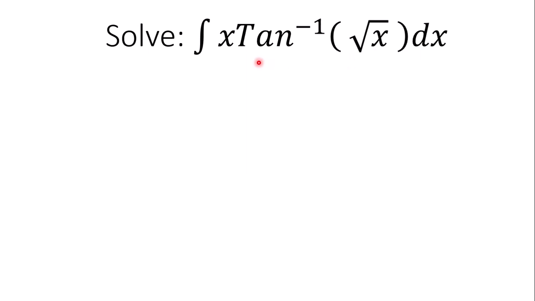You could have just applied the DI method right away and we would know what we are going to get at the end of the day. But this is where the problem lies. The square root of x, tangent inverse, and this square root of x. It's not x, whereby we know what we are going to get at the end of the day. But here it is square root of x.